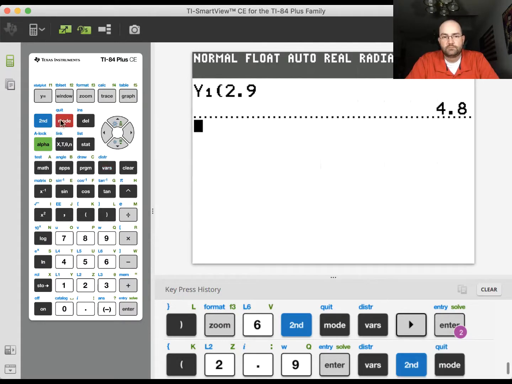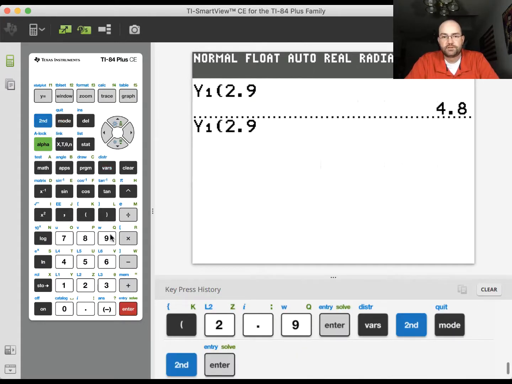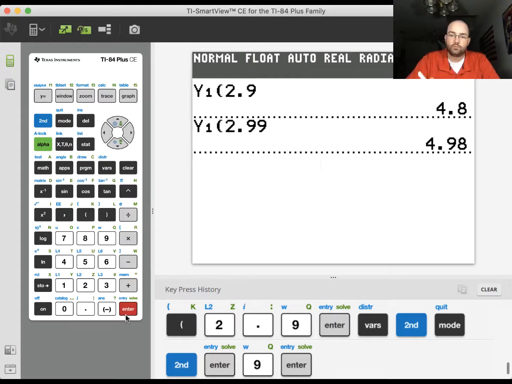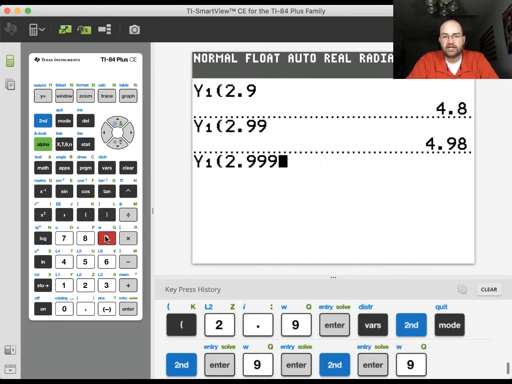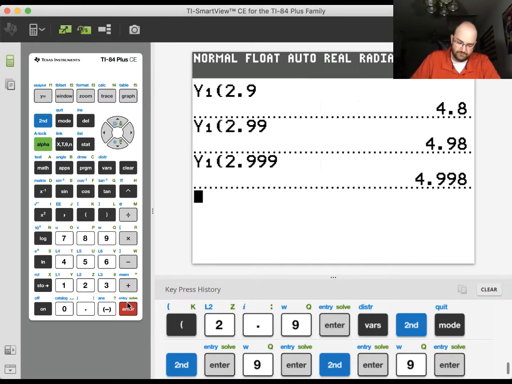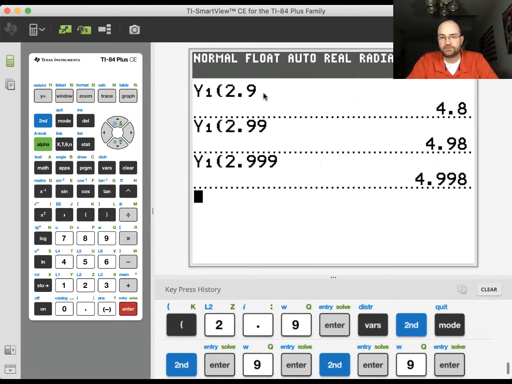I prefer to do second enter here. 2.99 gives us 4.98. And then do that one more time. 2.999 will be 4.998. Notice that as x gets closer and closer to this number 3, what's this value approaching? It's approaching the number 5.